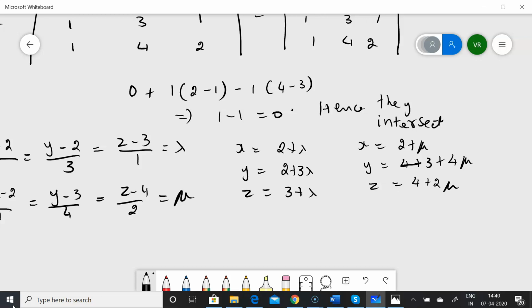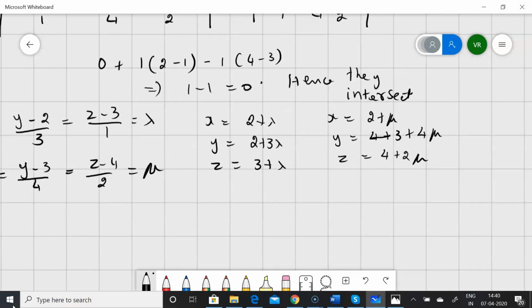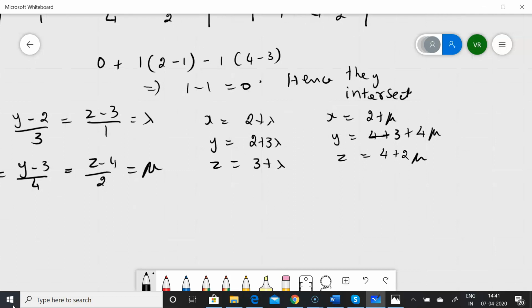Now, since the lines intersect, I can equate the x coordinates or y coordinates or z coordinates to find the point. So I'll equate the x coordinates: 2 plus lambda is equal to 2 plus mu, which implies lambda is equal to mu.